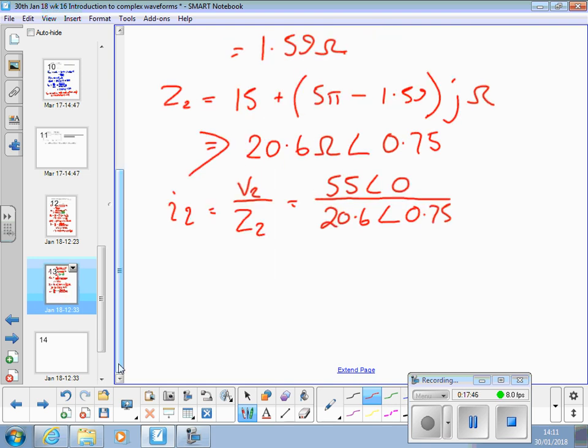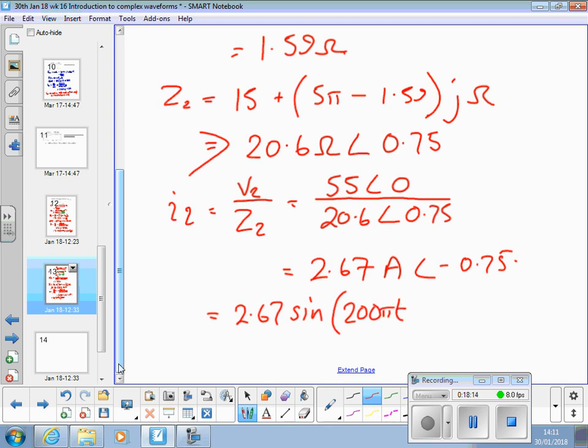And the outcome of that, Catherine, is 2.67 radians. So our second component is 2.67 sine 200 pi t minus 0.75 amperes. Amperage. Can't beat them, join them.